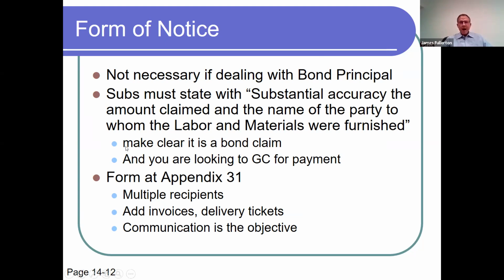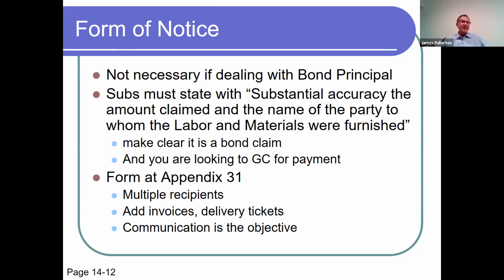It is not clear in the statute, but I would advise you strongly to make it clear in your notice that you are making a bond claim and that you are looking to the GC for payment. In other words, there is case law where a supplier had been sending copies of their invoices to the GC, saying, well, here's invoices for the material we supplied to your project, GC, and we're not getting paid.